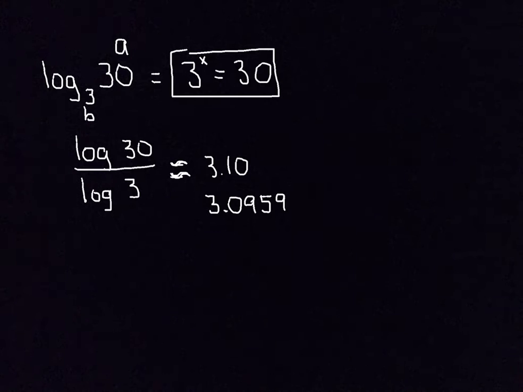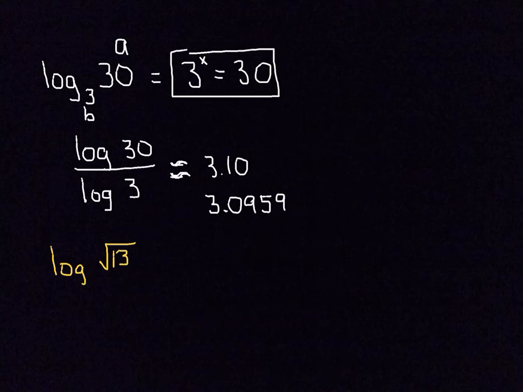All right, let's take a look at another problem. Maybe this one. Log of the square root of 13 in base 4. We do the same thing here. If we want to figure this out, we need it in log in base 10.